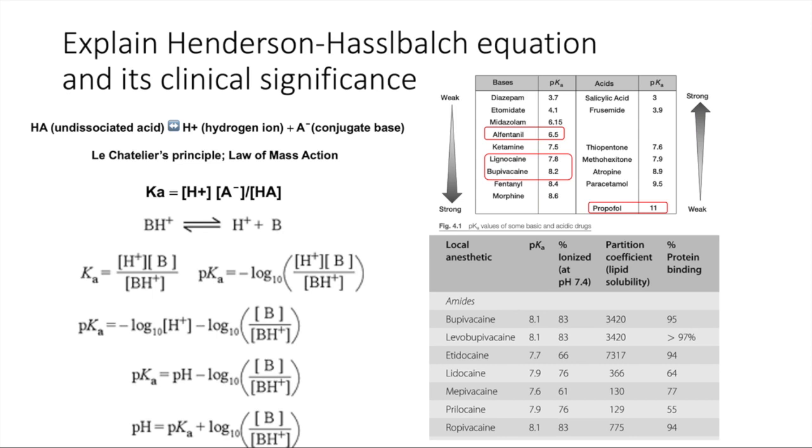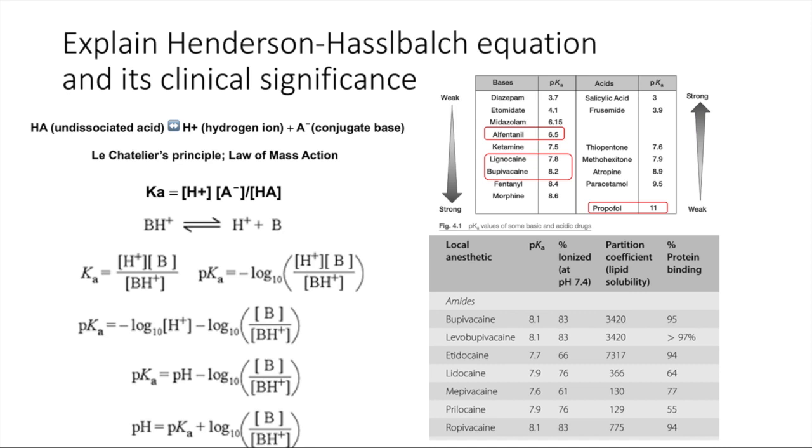For bases, the lower the pKa, the weaker the base is, and the less ionized it is at physiological pH. Acids are the reverse: the higher the pKa, the weaker the acid is, and the more unionized it is. Local anesthetics are commonly used drugs for comparison.